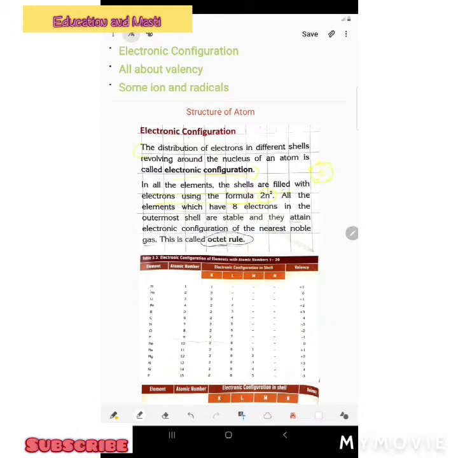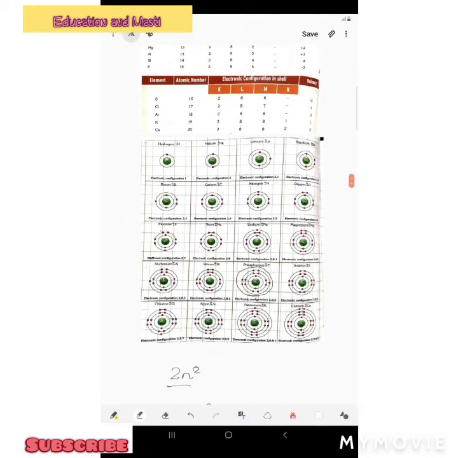When atoms of an element lose, gain or share electrons in a way that they have 8 electrons in their valence shell, to attain the configuration of the noble gases, that is the octet rule. If there are 8 electrons in the outer shell, 2 is also okay, that will be a stable configuration.